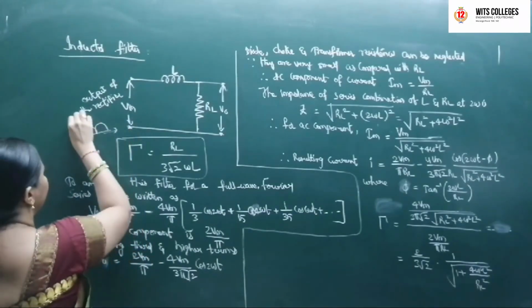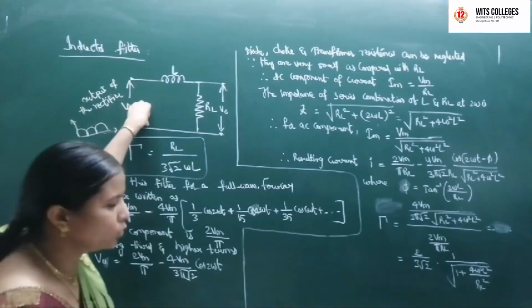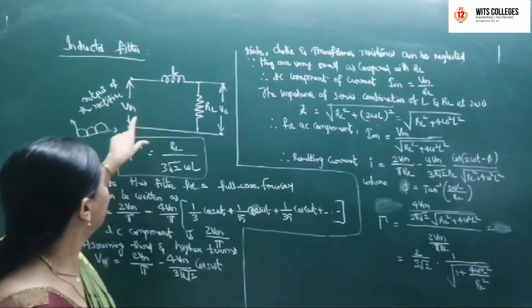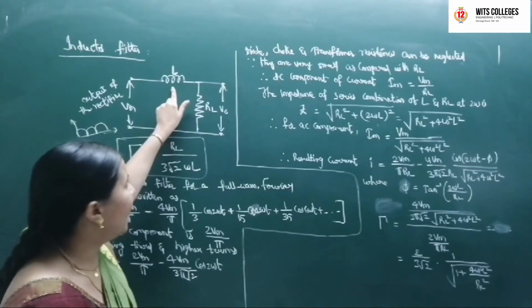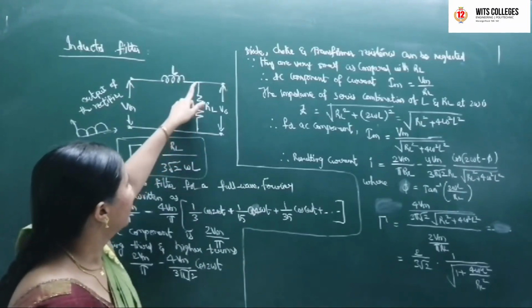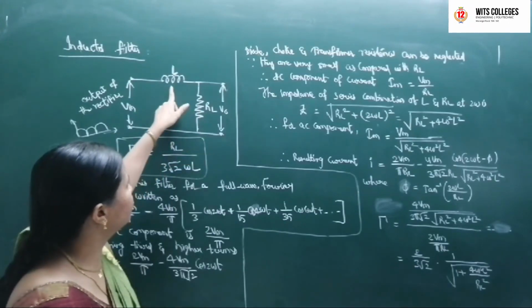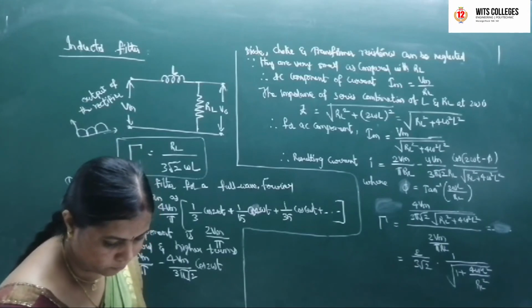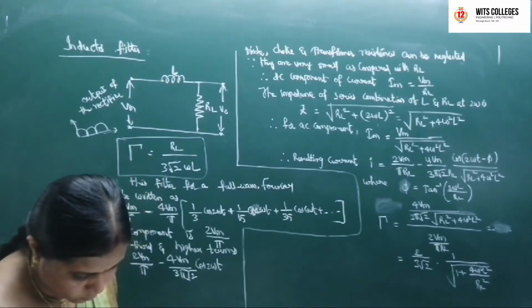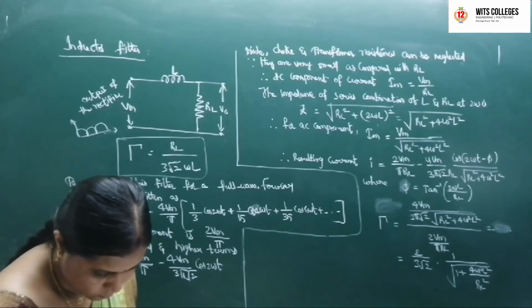It is used to block AC and allow DC at the load resistor. So the output of the rectifier at the load resistor is an approximately DC waveform.